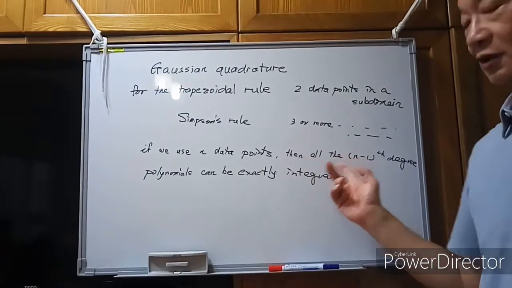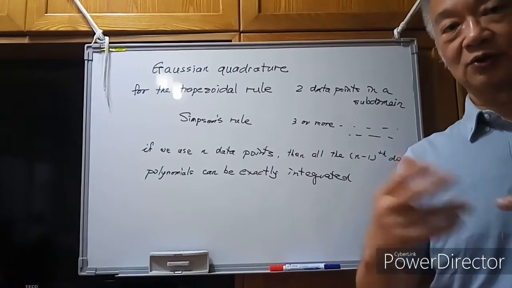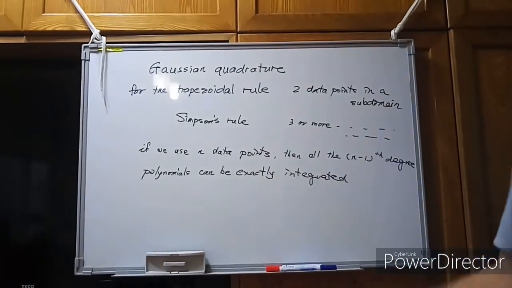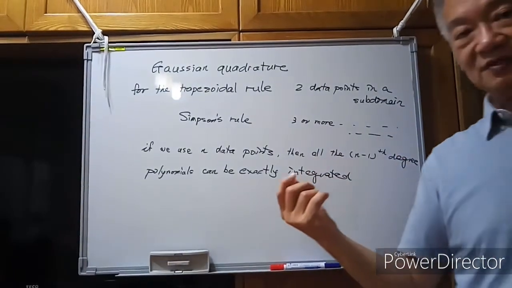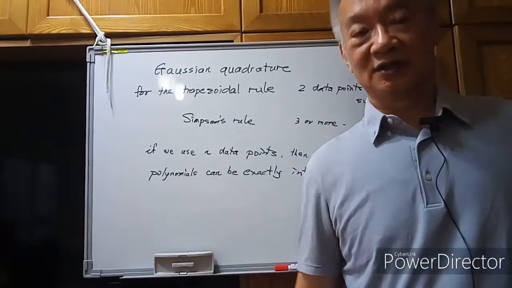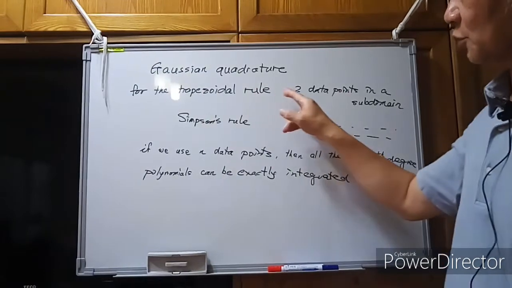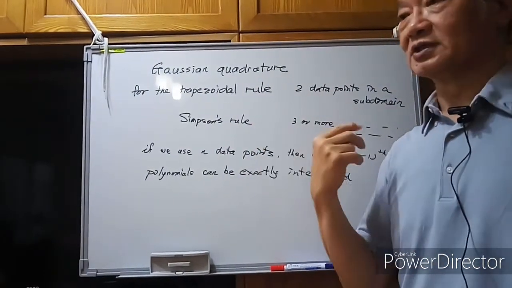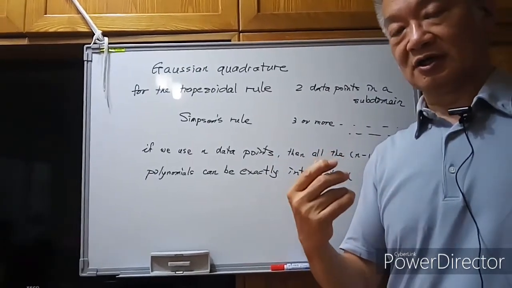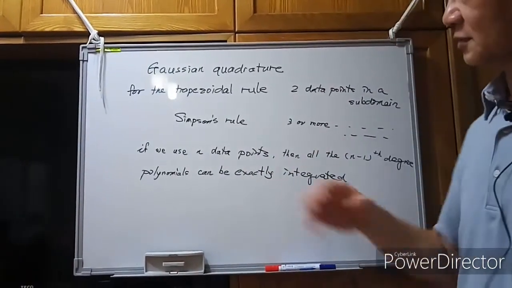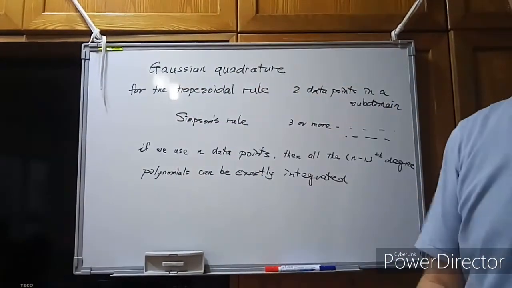And not only all the n-1, but all the lower degree polynomial functions like n-2, n-3, until the 1st degree and 0th degree, we can get exact solutions. So if we use the trapezoidal rule with 2 data points, then all linear functions, all 1st degree polynomial functions, can be exactly integrated.